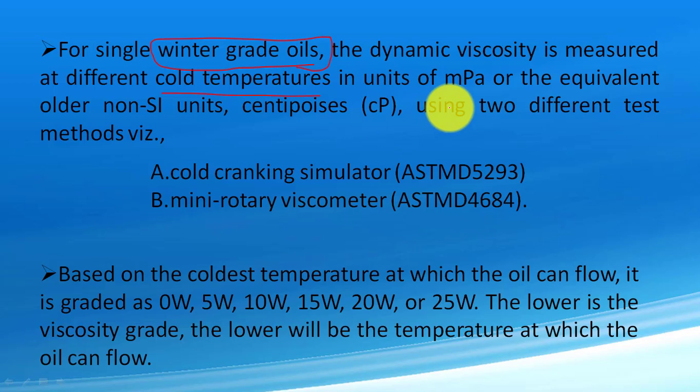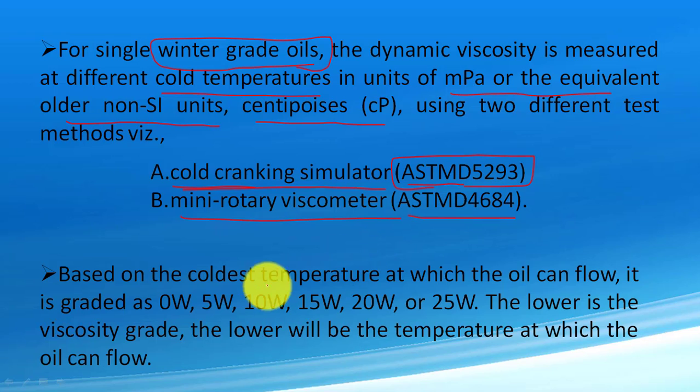It is measured in megapascal or the equivalent older non-SI unit centipoise, designated as small c and capital P. This measurement is taken under two different test methods. One is known as the cold cranking simulator, prescribed by ASTM, and the specific standard number is ASTM D5293. The second method by which the single winter grade oil is tested is known as the mini rotary viscometer, and the ASTM standard is prescribed here.